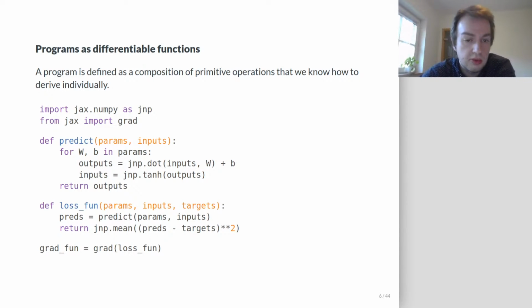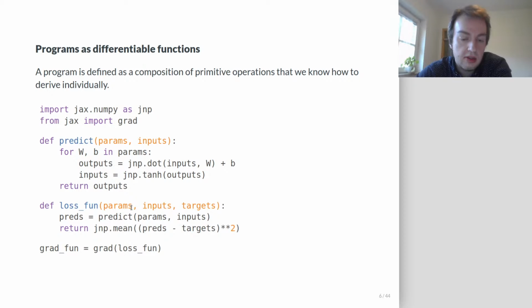It's used, for example, to write neural networks. Well, this program is nothing else than a composition of primitive operations, primitive instructions, so fundamental instructions, which we know how to derive individually.